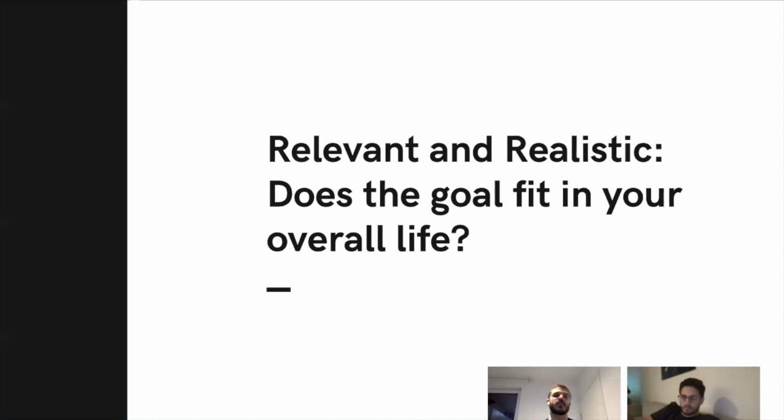If you're overweight, you can lose fat, if you do the right things. So I think relevant and realistic kind of blend in the meaning as, is it realistic for you to try and do this thing right now? Or do you have too many things going on and maybe you should wait and focus on other things? So that's my definition of it.